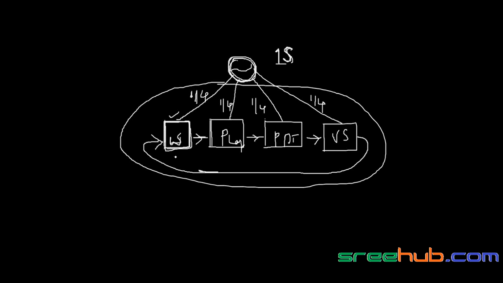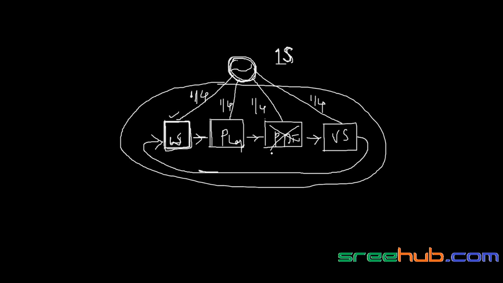Again it spends one-fourth of a millisecond and the Word is loaded 90%. Then again it will stop there and it will go to player, right? Again let's say your player is loaded 97%, again your PPT. Let's say your PPT is loaded completely, which means your PPT task is completed.